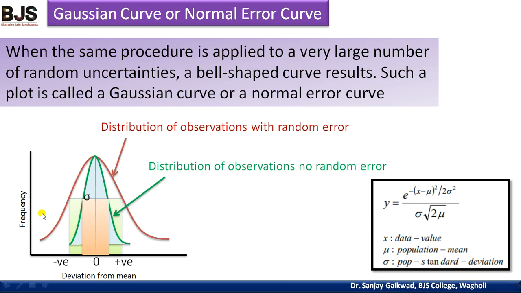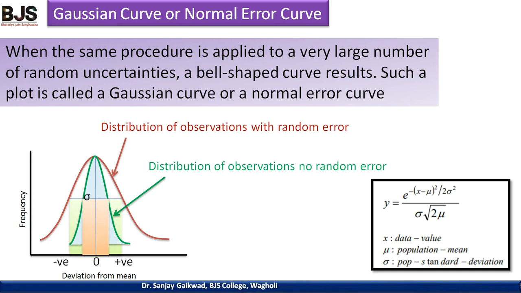Now under this area, this is the area related to the distribution of the observations with random error, and this area is related to the distribution of the observations with no random error. In this area the results are correct, but in this area the results may be slightly correct, with a slight difference from the true value.